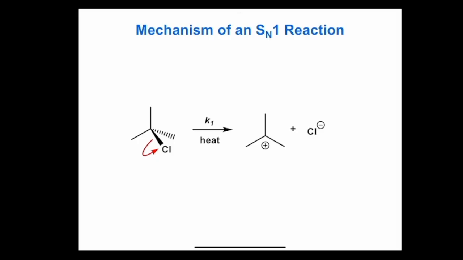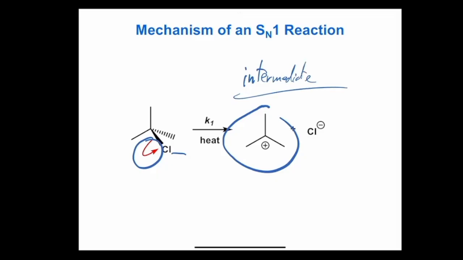You start by breaking this bond, with 2 electrons going to my chloride to make an intermediate. It is a carbon plus. It is a high energy intermediate. In doing that, you eject the leaving group first. That's step 1, the first of the 2 steps.